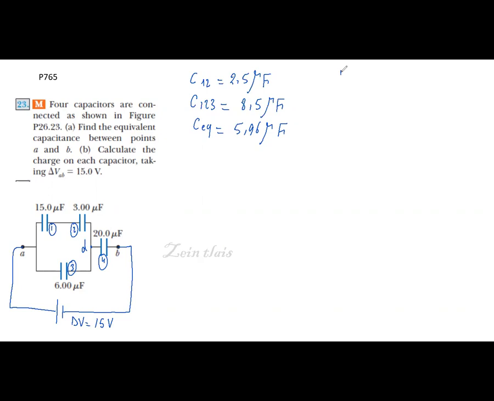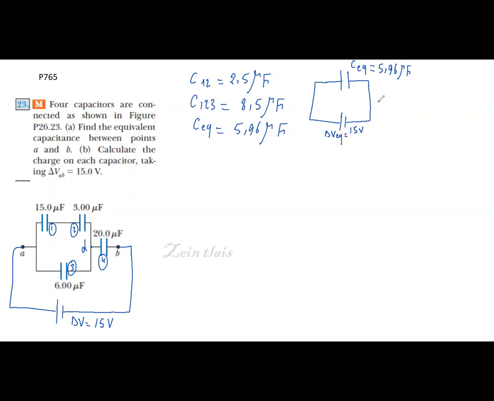Before, we calculated the total C equivalent, 5.96 microfarad, connected to 15 volt as delta V equivalent.